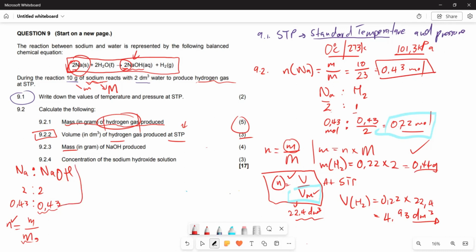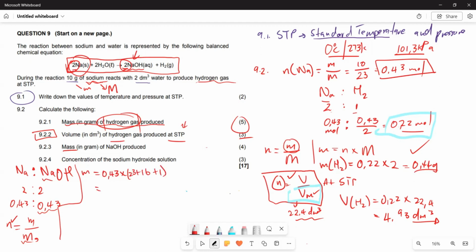So now our mass of sodium hydroxide is going to be given by firstly the mole that we found, 0.43, multiplied by the molar mass. For those who have forgotten, your molar mass from your periodic table: sodium is 23, plus oxygen is 16, plus hydrogen is 1, right?